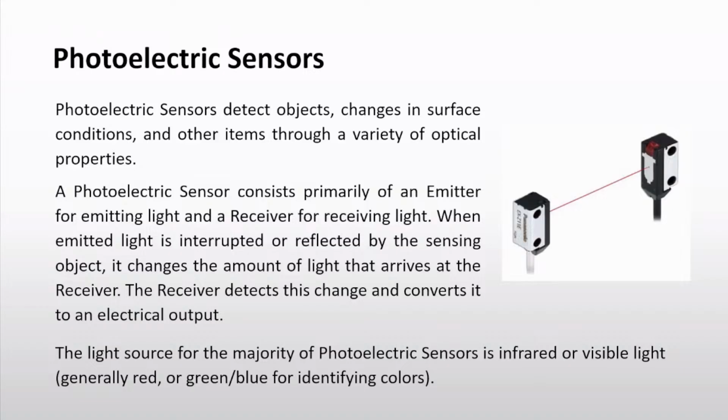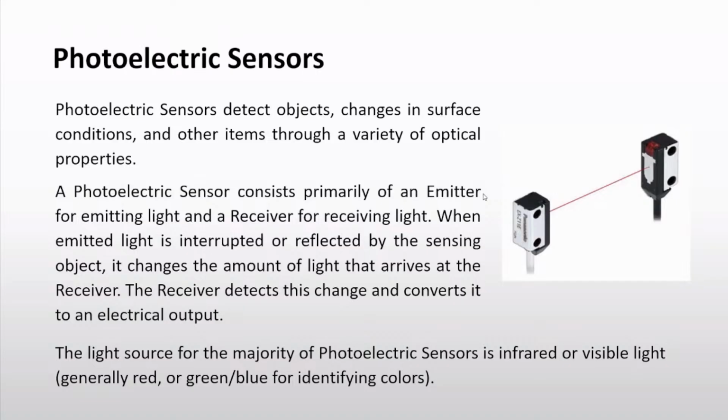This principle is used in photoelectric sensors, and normally we use a light source that can be infrared or visible light. For visible light, we mainly use the red color and the green color, and in some cases we use the blue color also.